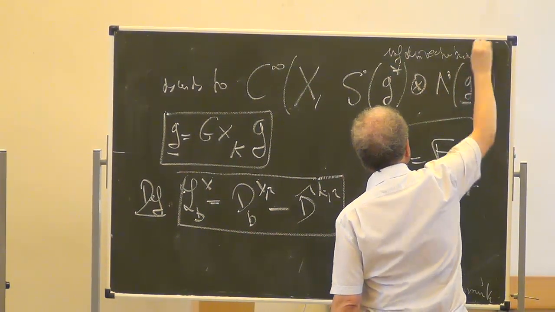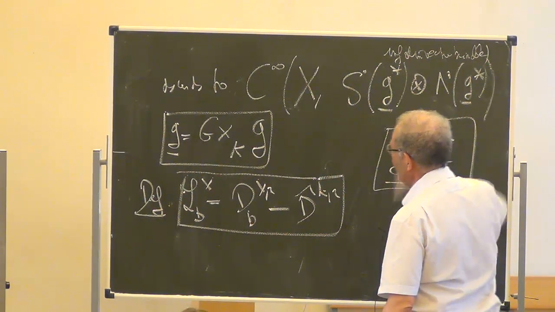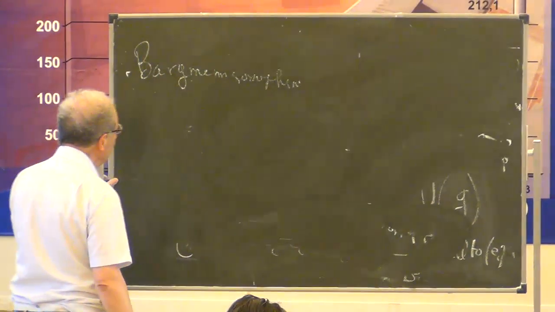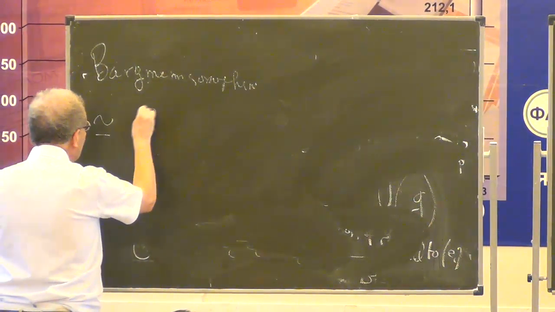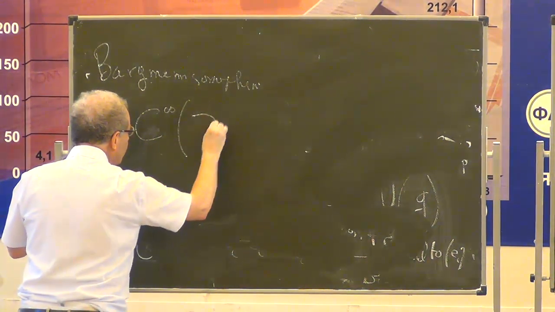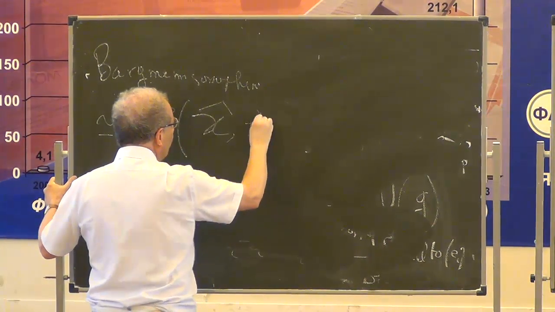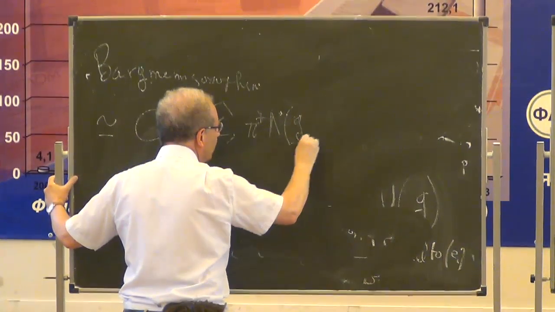This is something which, in harmonic analysis, is never done for various reasons, but in this context it will be possible to do. So we use the Bargmann isomorphism, which allows us to identify this space more or less with a space of smooth sections over the space X script of the pullback of the exterior algebra lambda of G star.